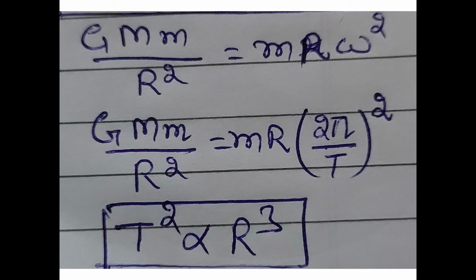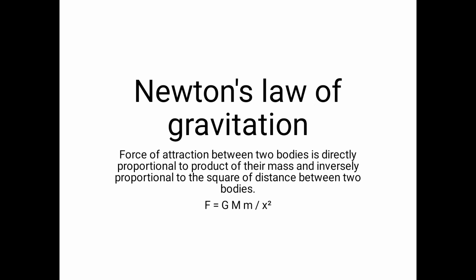Capital R is the radius, which we are calling the semi-major axis. So from here, T square is directly proportional to R cube.